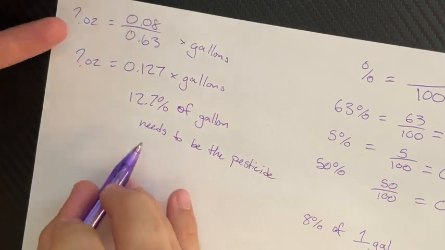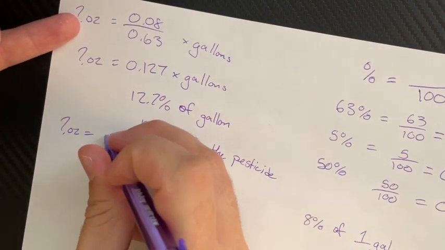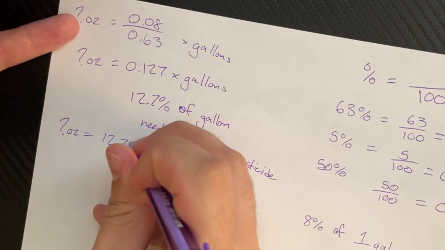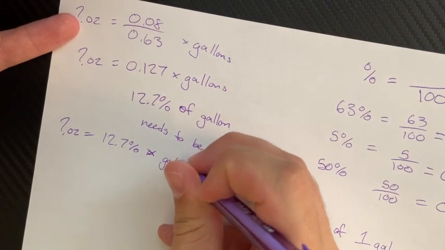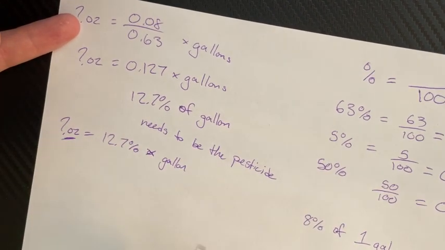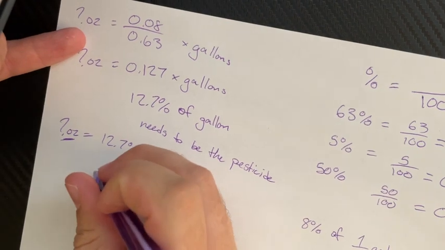And that's the same as saying the pesticide equals pesticide times 12.7% times gallon. So our answer is going to be in ounces, and if you look on the test, it tells you how many ounces are in a gallon.